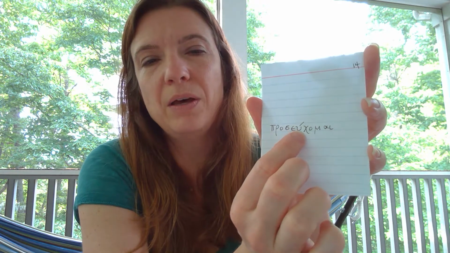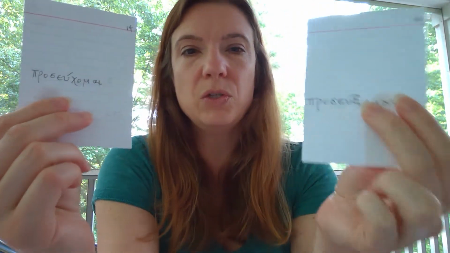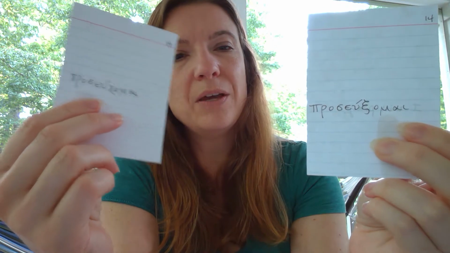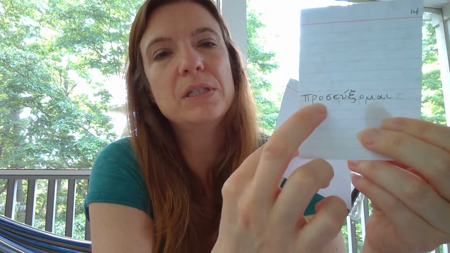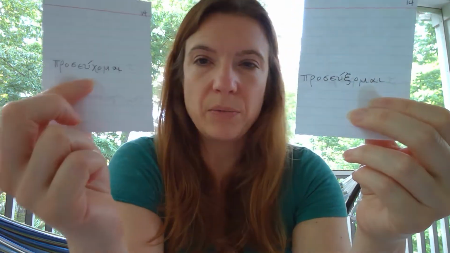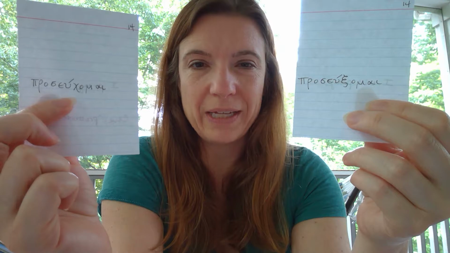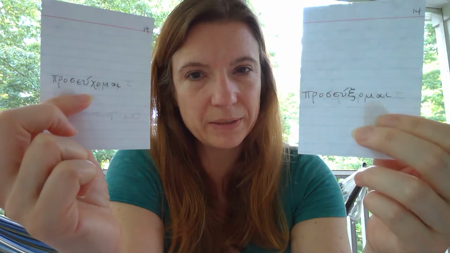Then I'll have ks, right? Hey, we have a letter for that. So it goes in Greek from proseuchomai, I pray, to proseuxomai, right? Ks. Your turn? Yeah, I will pray. Proseuxomai. Okay, good.